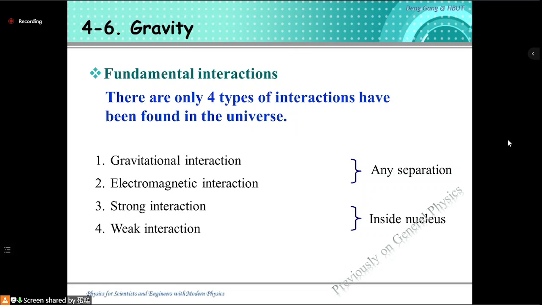The elastic force and friction are actually special kinds of electromagnetic interactions. The first two can appear in any direction, but the strong interaction and the weak interaction appear only inside the nucleus, which means the subatomic level.